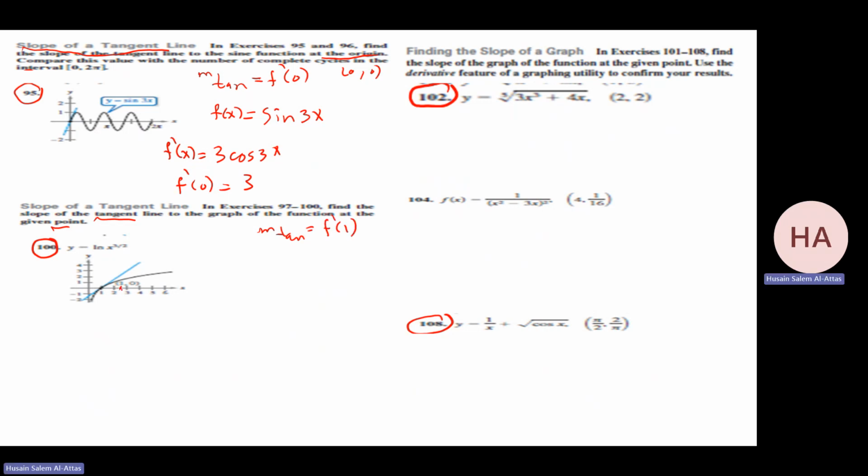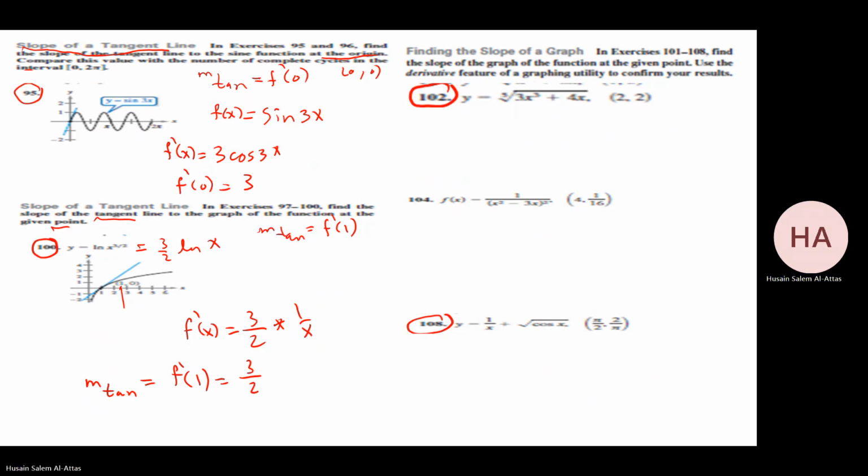Now this one I can rewrite as 3 over 2 ln x. So f prime will be 3 over 2 times 1 over x. That implies m tangent will be f prime at 1, which is 3 over 2.